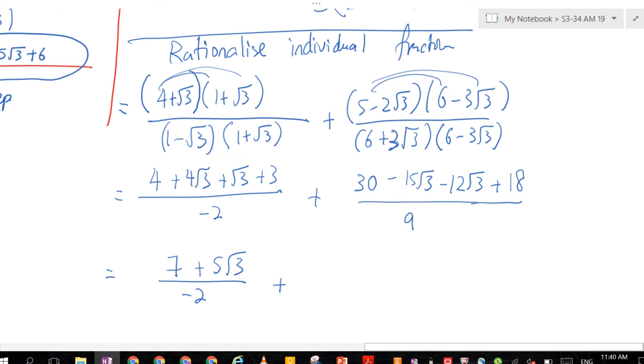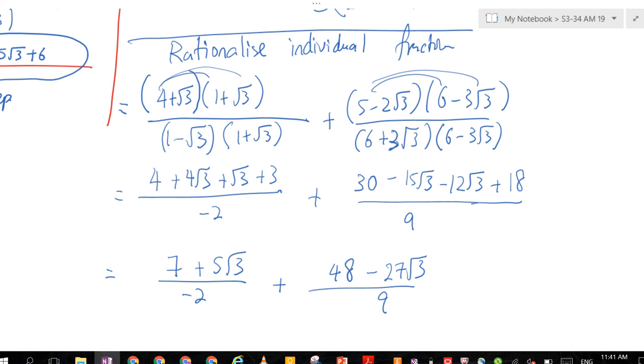This one, 30 plus 18 minus 15 minus 12 minus 27 root 3 over 9. Do you know this itself can factorize?